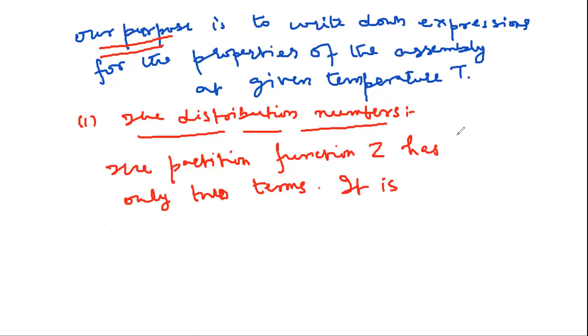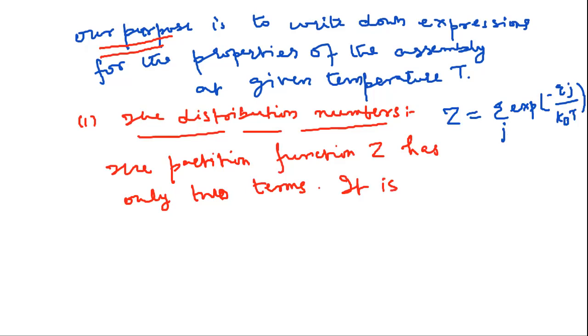Those of you who are not familiar with the partition function, we have already discussed it in the previous lectures. For those people, I will refresh their memory. The partition function Z is the summation over j of exponential of minus epsilon j by kBT, where T is the absolute temperature, kB is the Boltzmann constant, and epsilon j is the energy of the state j.